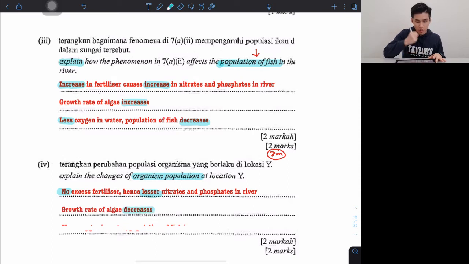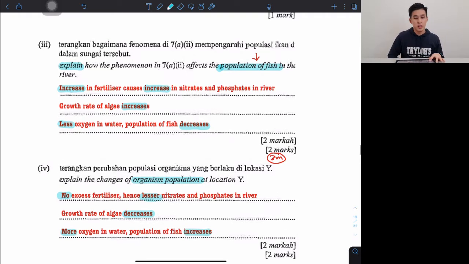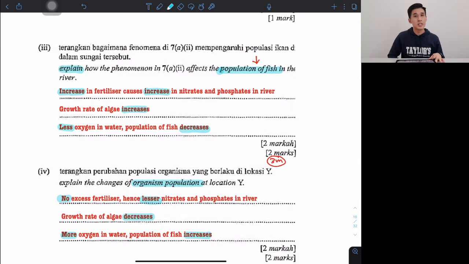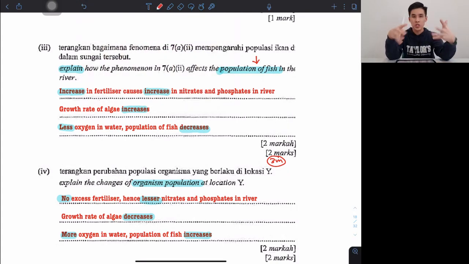Opposite again, no algae, more oxygen, fish increase lor. Understand? So again, it's the same thing that they want from the previous question. So just the opposite only, because right now you have no pollution.